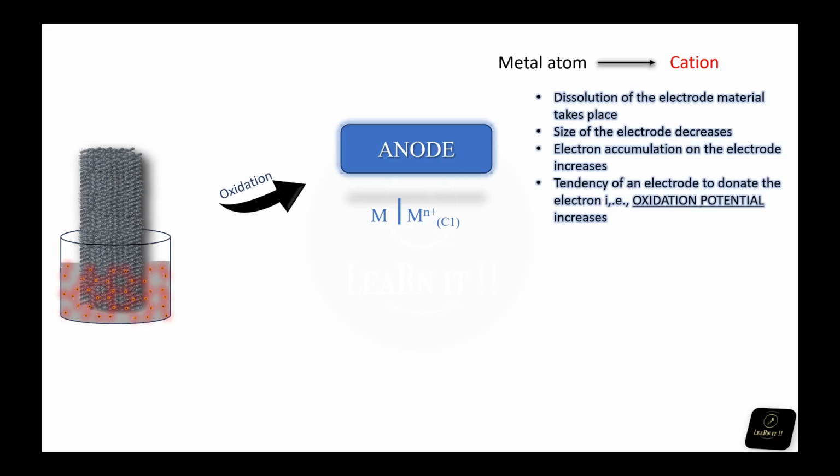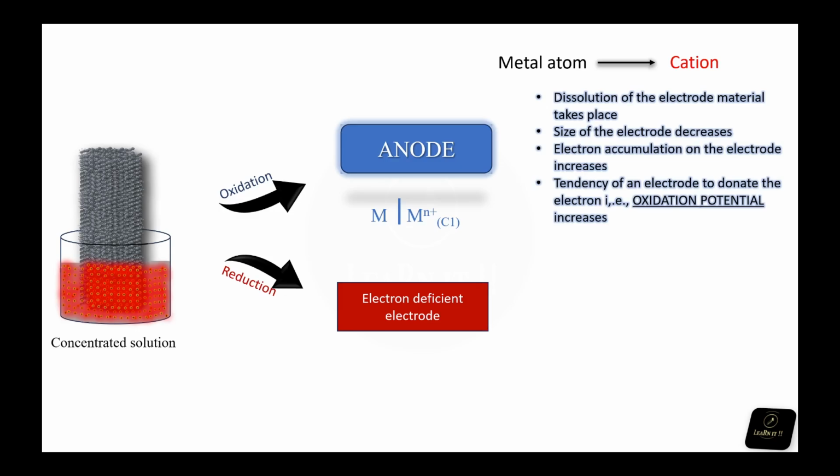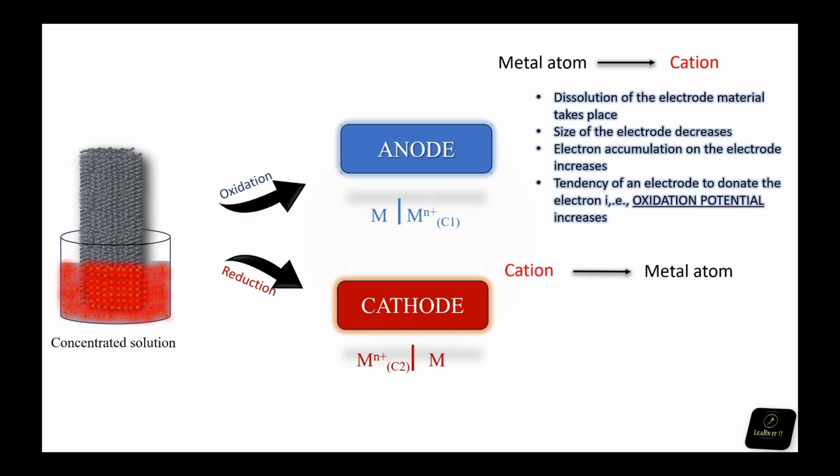When the same electrode is in contact with a concentrated solution of its own ion, reduction takes place, which leads to an electron deficient electrode called the cathode, represented by a metal ion having a certain concentration in contact with the metal. During this process, the cation is converted into a metal atom.